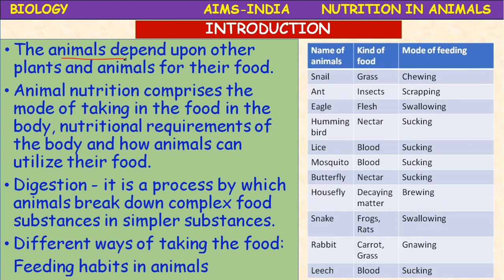It is given here in one tabular form. Let us discuss different animals, the kind of food, and the mode of feeding. Snail: it is a herbivore and feeds on grass.